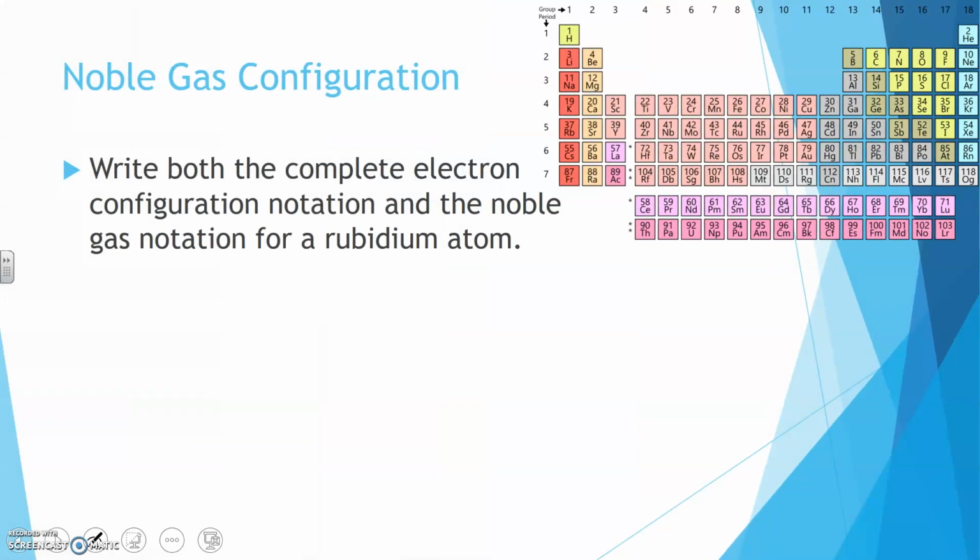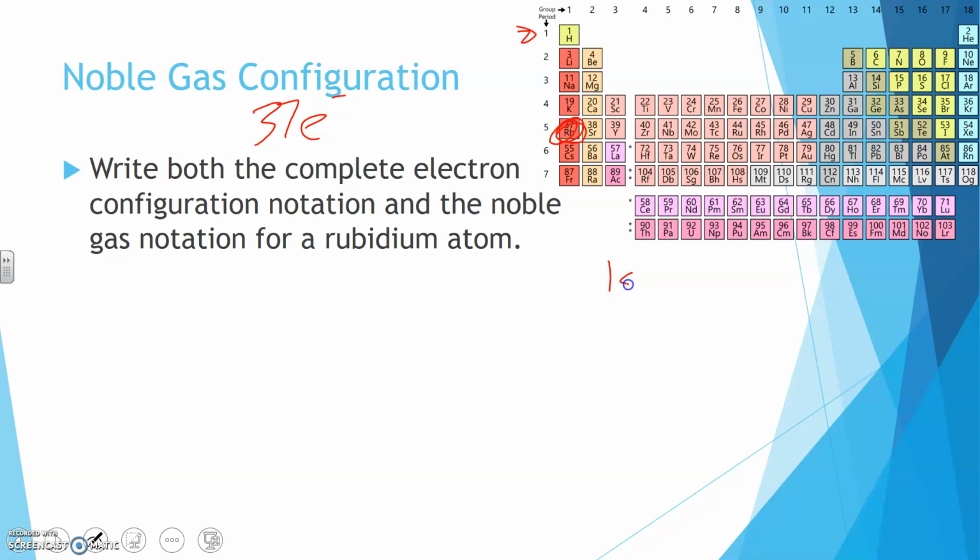Now write both the complete electron configuration notation and the noble gas notation for a rubidium atom. First, you need to find rubidium right here. It has 37 electrons. Again, you start up here.